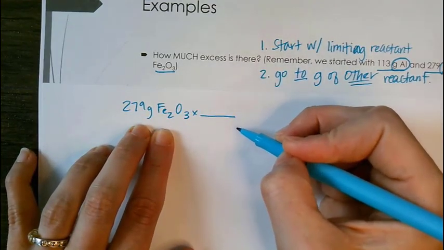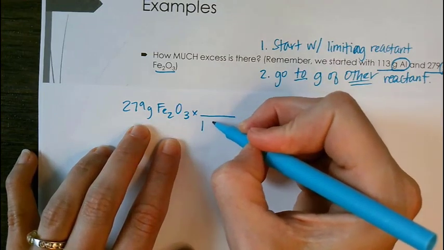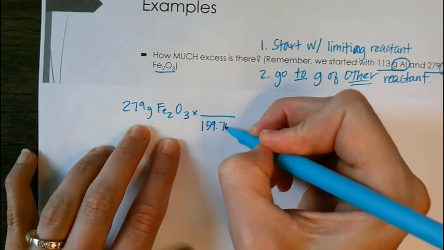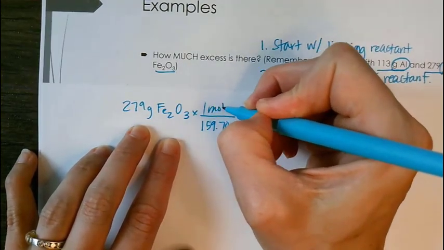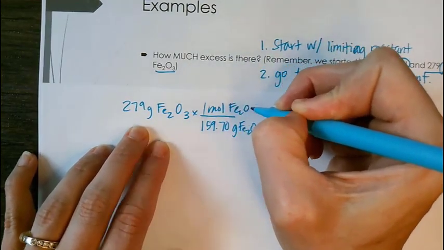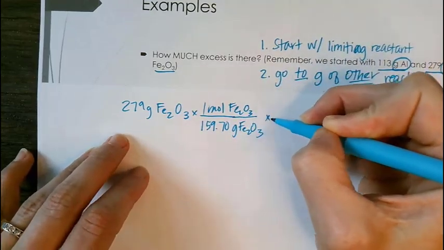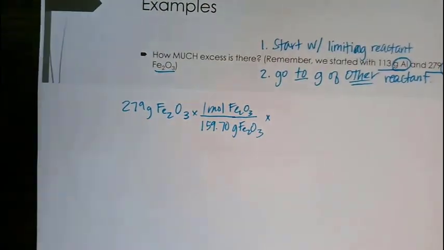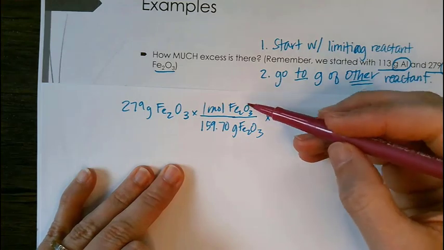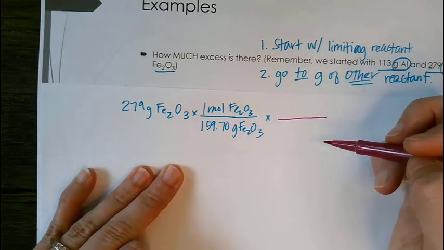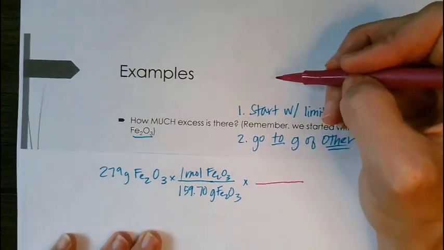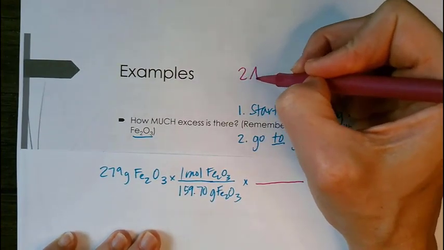If I have grams of Fe2O3, I need to get to moles of Fe2O3. And even from that last slide, we already figured out that there is 159.70 grams of Fe2O3 in 1 mole of Fe2O3. The only thing we haven't compared, though, is our mole to mole ratio of Fe2O3 to aluminum.